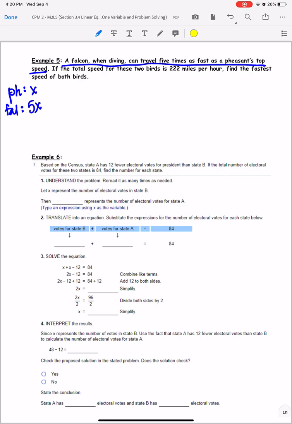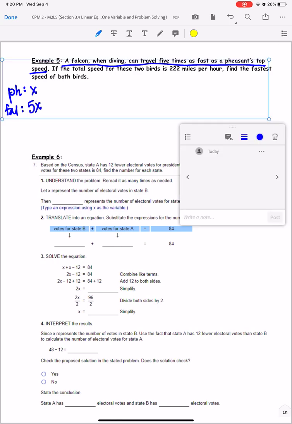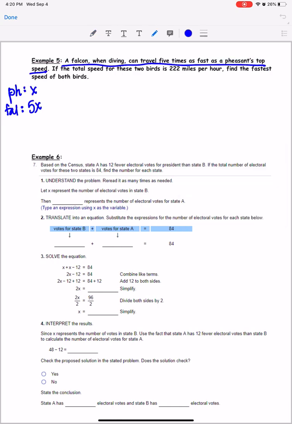We need to find the fastest speed of both. Okay, so add them together. I know the pheasant speed, X, plus the falcon speed, 5X, needs to equal the total of 222. I'm going to scoot this over a little bit so I can use that.